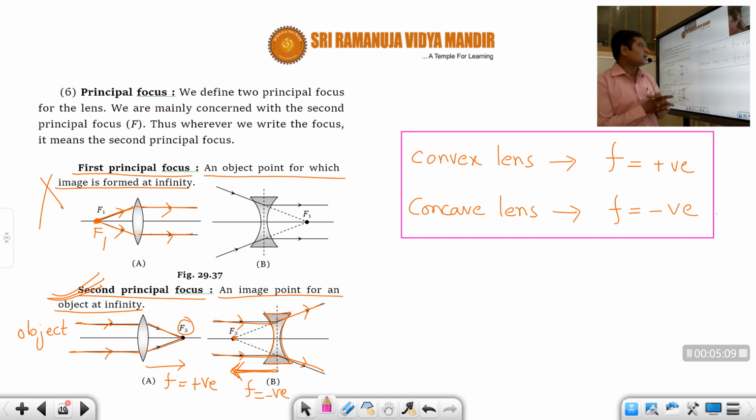I explained this in the last session. Similarly for a convex lens it is always positive, similar to mirrors: for a concave mirror it is negative, for a convex mirror it is positive. So you should learn these sign conventions by heart. They won't change; they are taken as standard sign conventions.